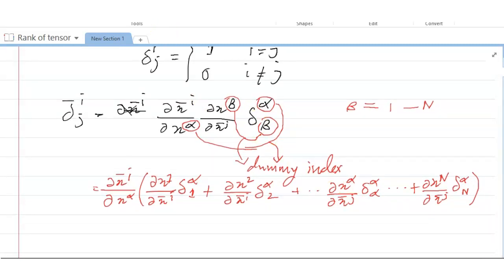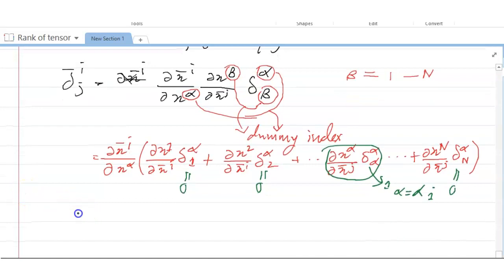So friends, I just expanded this. Whatever we get, this value is 1 and the other values are 0, because if alpha equals alpha then it is 1. This is the Kronecker delta formula. So we get del x bar i divided by del x alpha into del x alpha divided by del x bar j.